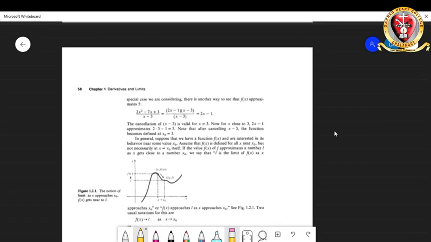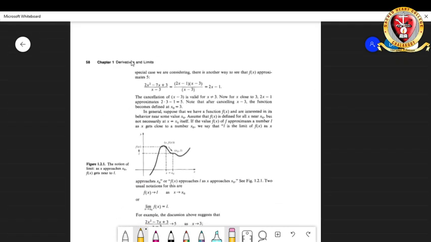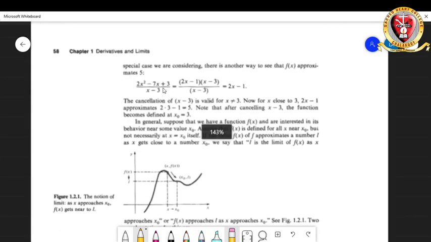Now, in this case, we know that our function is 2x square minus 7x plus 3 divided by x minus 3. In order to make steps easier, you can just factorize this 2x square minus 7x plus 3.